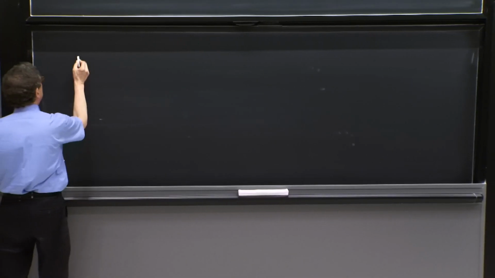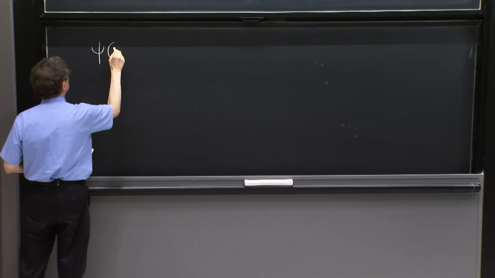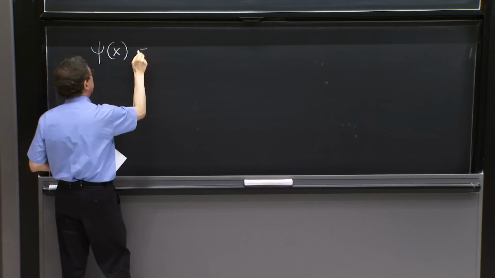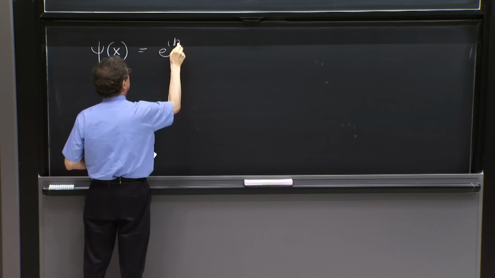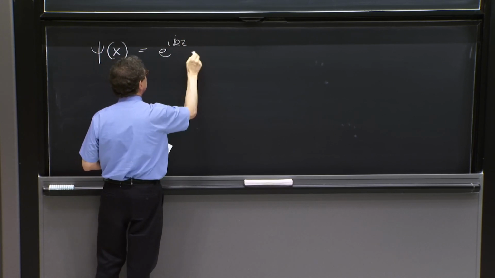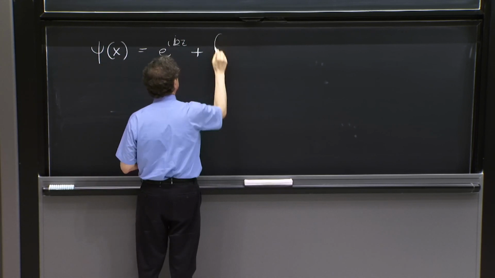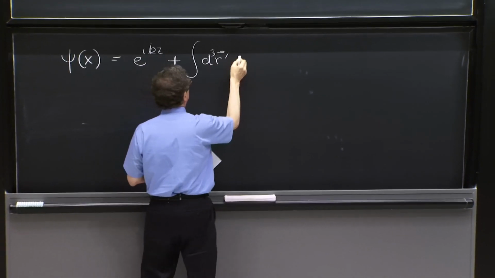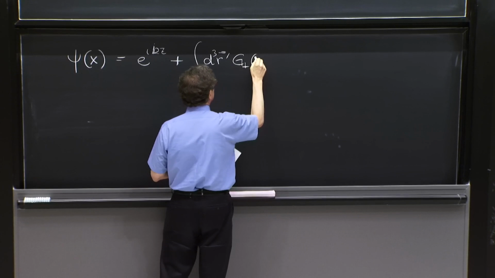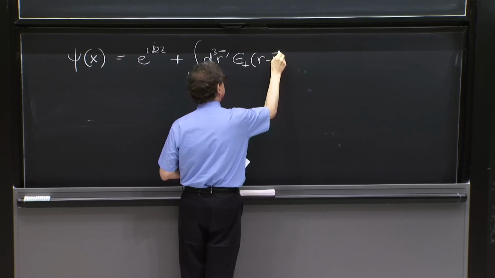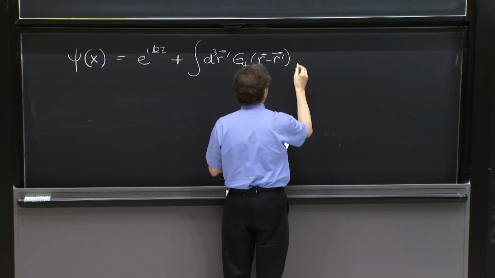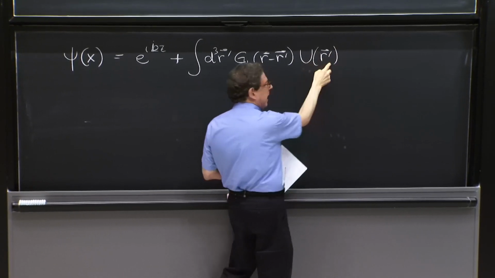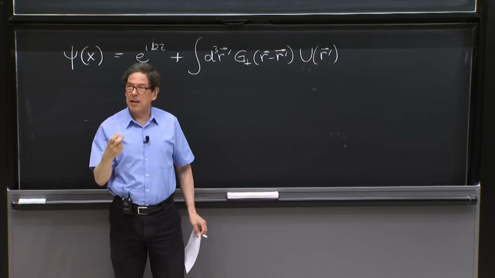So we set up our solution of the Schrödinger equation in a funny way. We had an incoming wave plus a term that still had an integral over all of space of our Green's function, integrated against a scaled version of the potential.